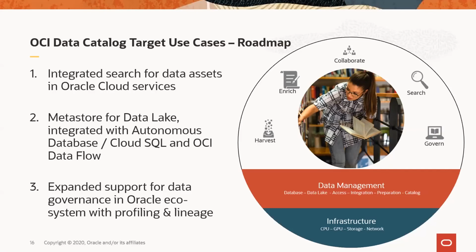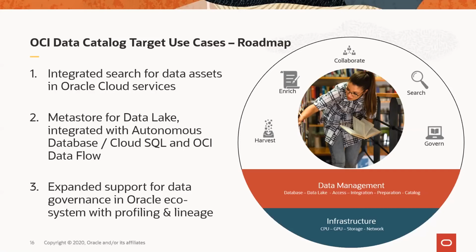The other is a Metastore for the data lake. Like I mentioned earlier, if you don't have an already understood schema for data lakes, it becomes very hard. So we are trying to build a persistent Metastore that can be used with ADB Cloud SQL as well as OCI Data Flow, so that those users don't have to define the schema.